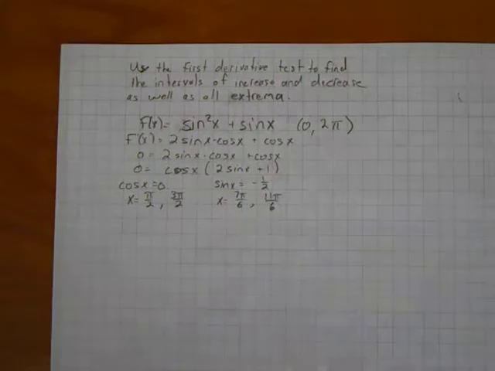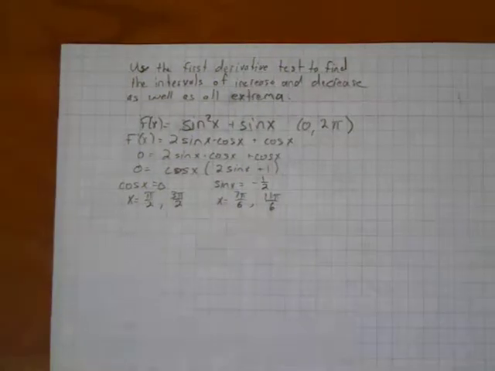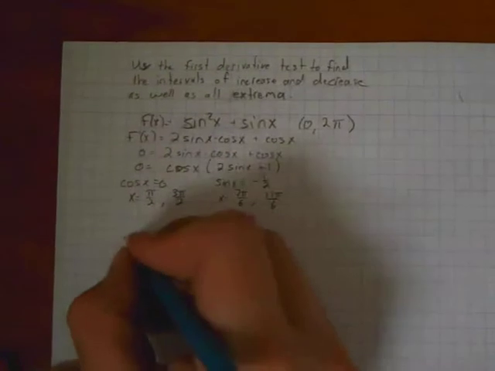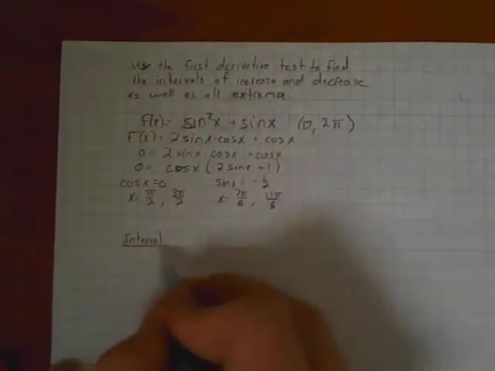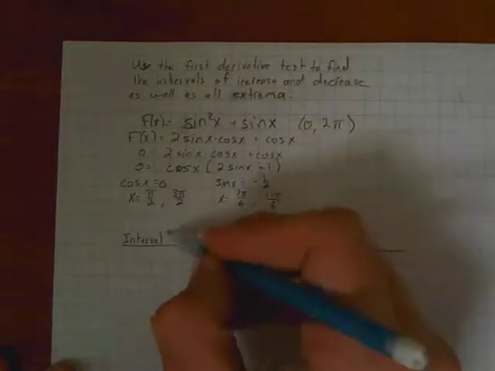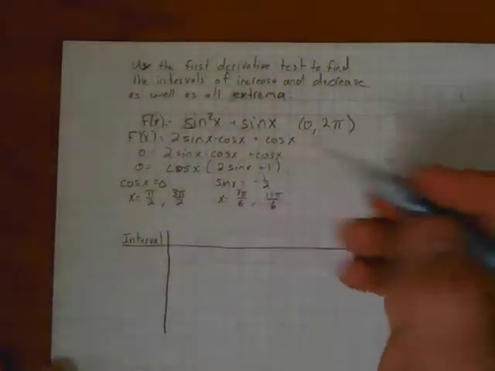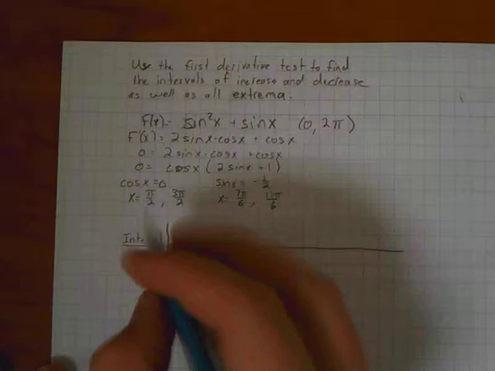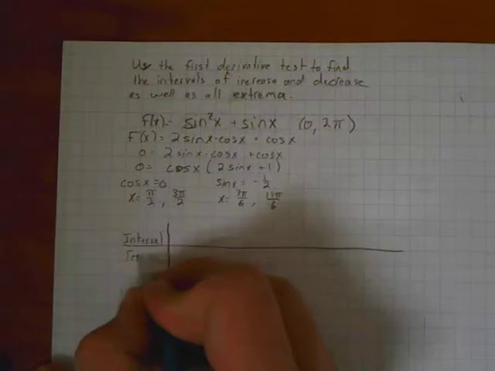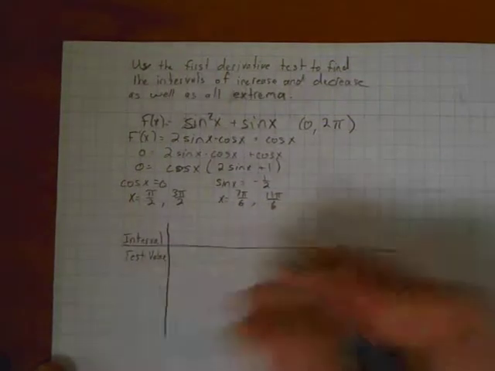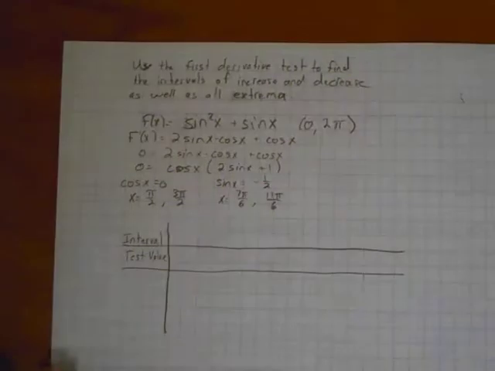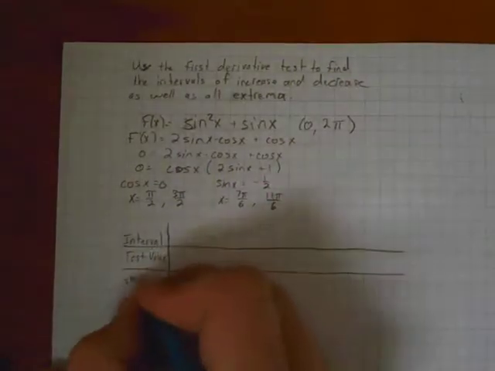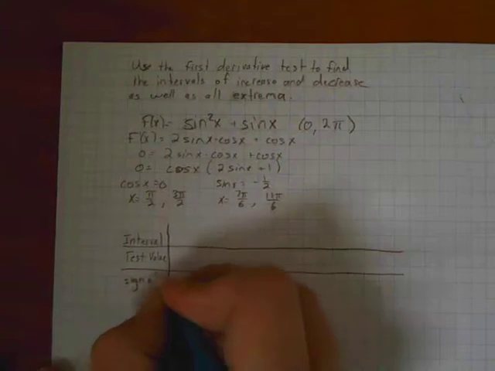And so we're going to have to make this table fairly large to fit everything that we need to. So our first row is going to be our interval. Okay, I'm going to leave a little space there. Next is going to be a test value. Next is going to be the sign of f prime of x.